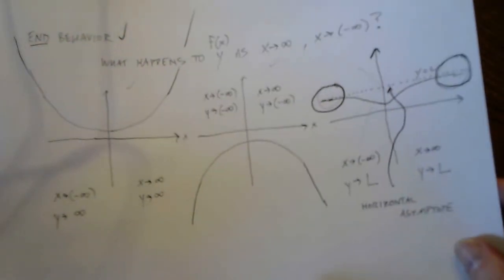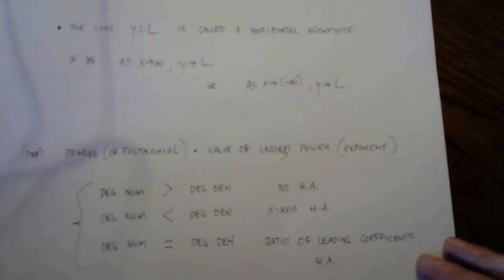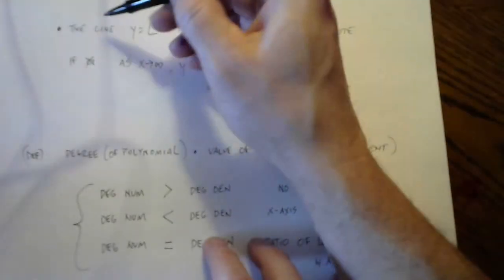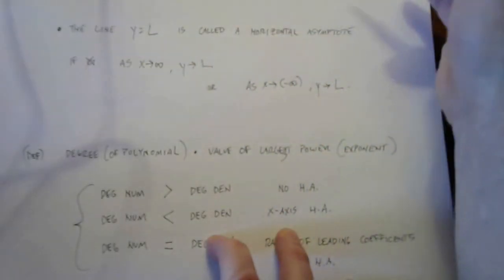Oh, another previously created sheet. So I'd advise you to pause again, write all this down. Okay, so the line y equal L, which is a horizontal line, is called a horizontal asymptote if you're getting this behavior.